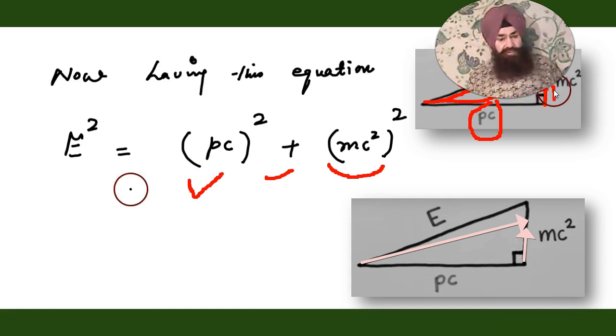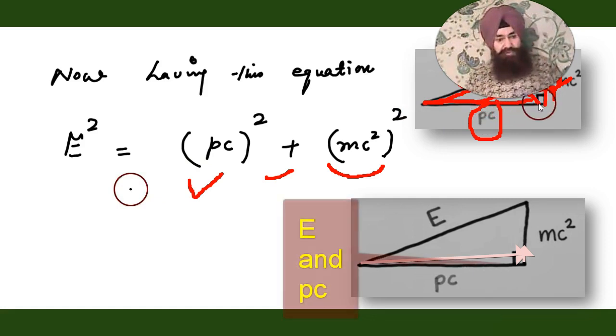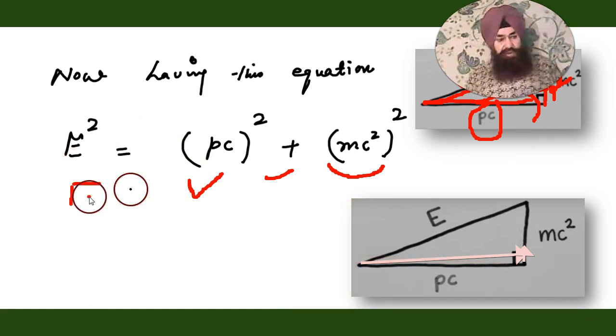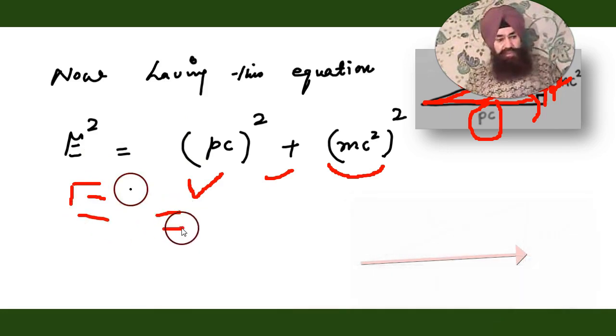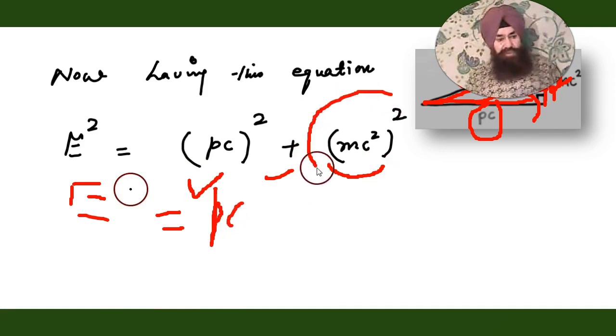So going down and down means mass decreasing, then E is first like this, then like this, then like this. When the mass totally becomes zero, then E comes along this side, meaning E equals Pc, when mc² becomes 0, meaning when m equals 0.